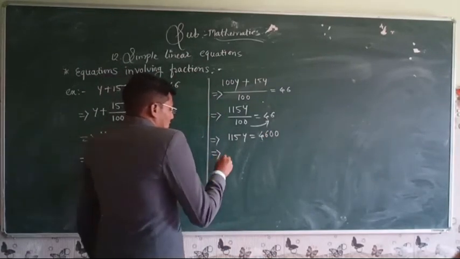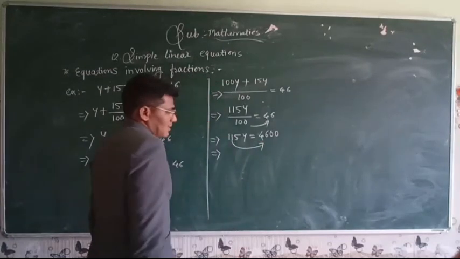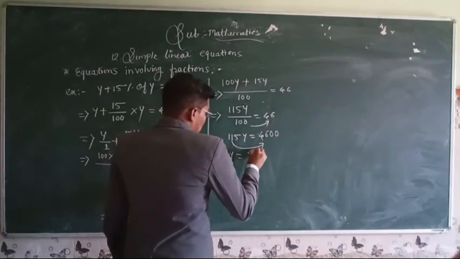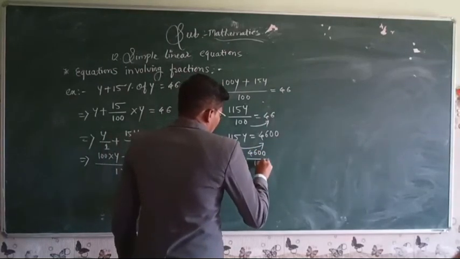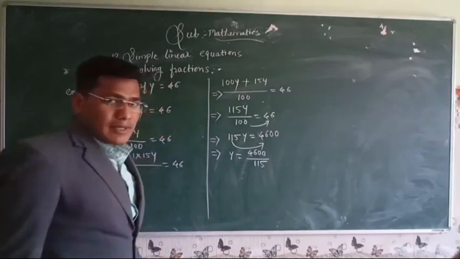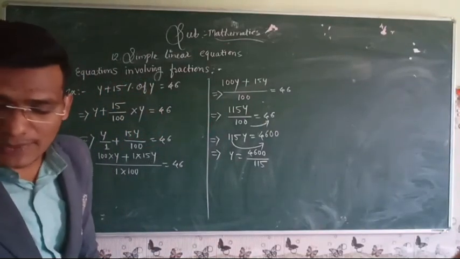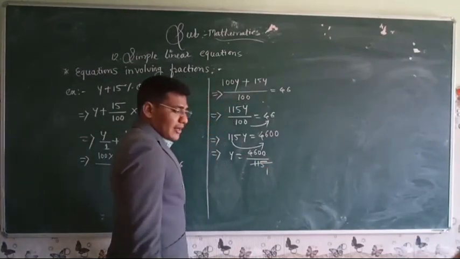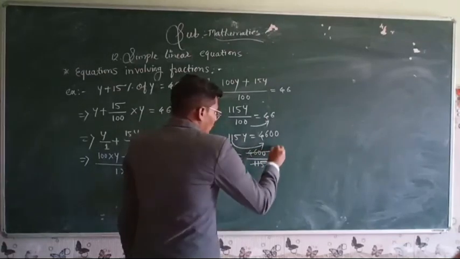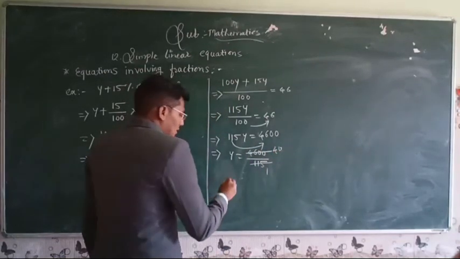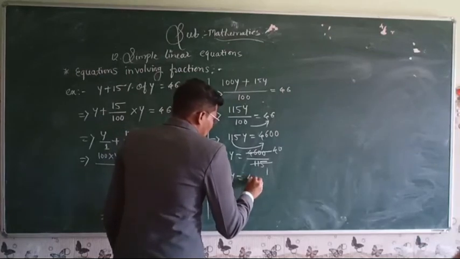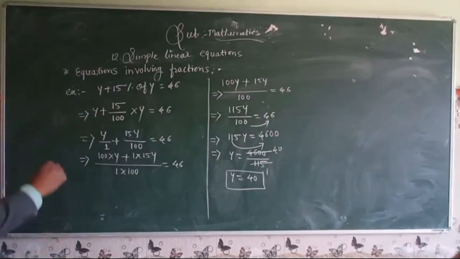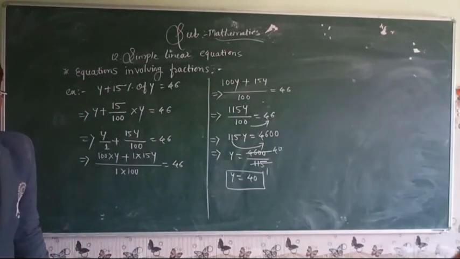Then 115 is multiplying here, so it will go to the RHS and divide. y is equal to 4600 divided by 115. After dividing, 115 ones are 115 and 115 40s are 4600, so you will get y is equal to 40. And this is how we can solve equations involving fractions.